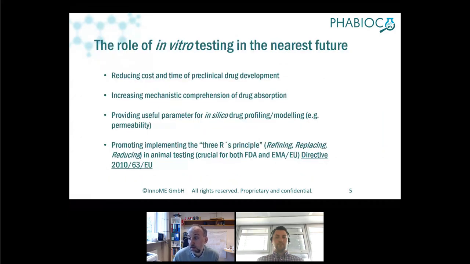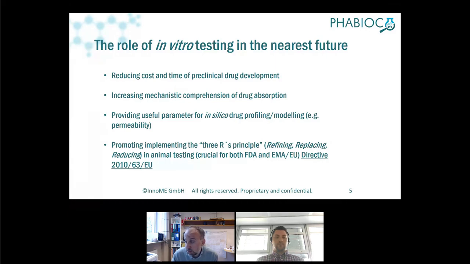Also, having in vitro tools can provide important parameters that can later be used for the transition from in silico to in vivo, or from in vivo to in silico. That means profiling and modeling.